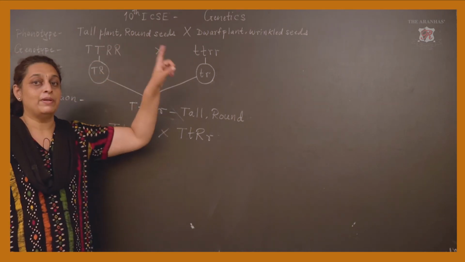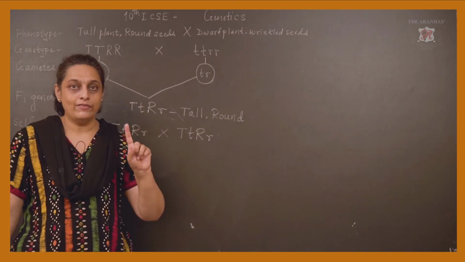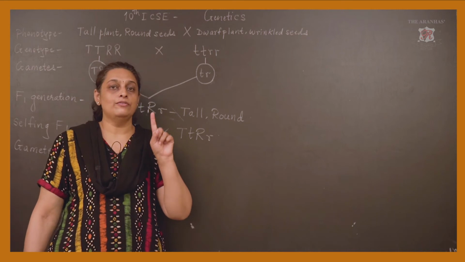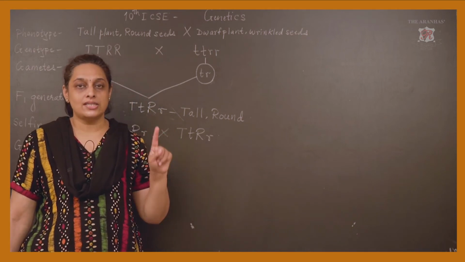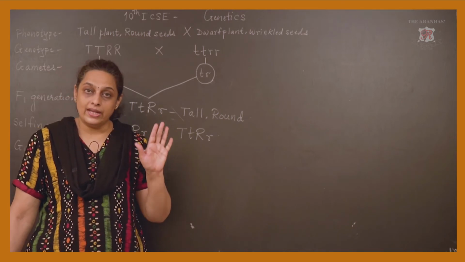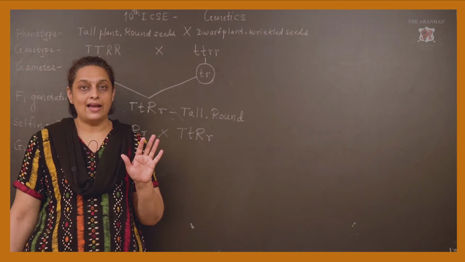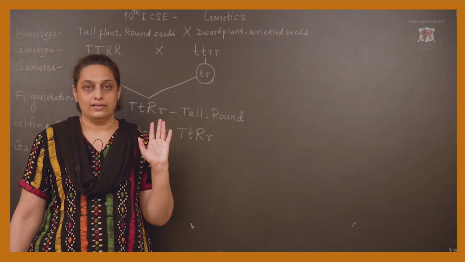Okay, remember, I am repeating this. Every gamete should have one allele for height and one allele for seed shape. Means every gamete should have letter T and R.